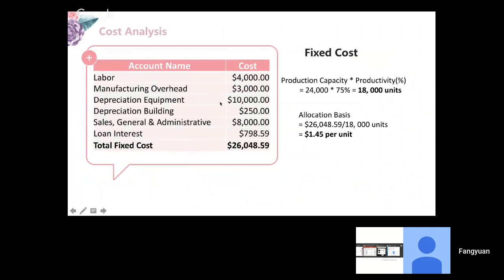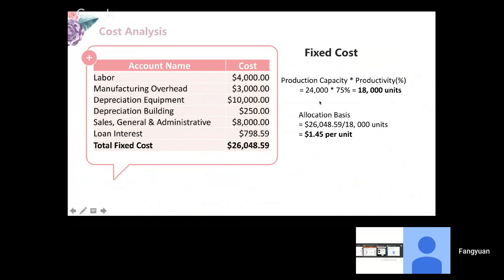Talking about cost analysis, we consider fixed cost first. After summing up labor cost, manufacturing overhead, depreciation cost, other expenses, and loan interest, we get a total fixed cost of $26,048.